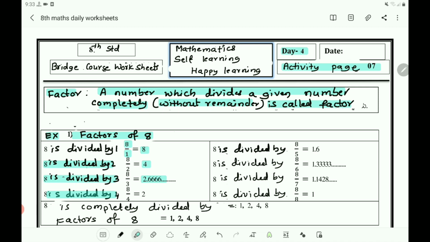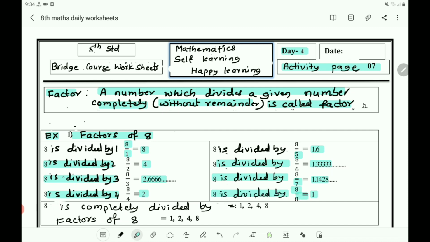If 8 is divided by 4, you will get the quotient 2. If 8 is divided by 5, you will get 1.6. If 8 is divided by 6, you will get 1.3333. If 8 is divided by 7, you will get 1.1428. If 8 is divided by 8, you will get 1.